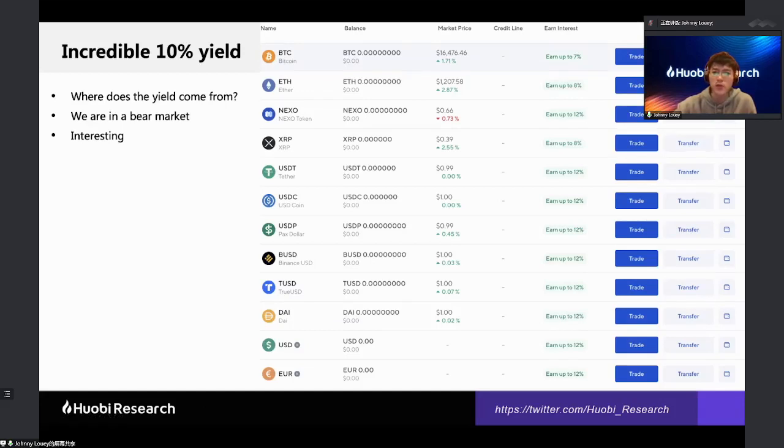Imagine staking your USDT and earning up to 12% in a bear market like this. And for USDC, you can also earn up to 12%. Oh, that's amazing. For stablecoins, it's incredible and even a little bit ridiculous, right? People are suspicious and skeptical about how Nexo earns this money and pays back their creditors.